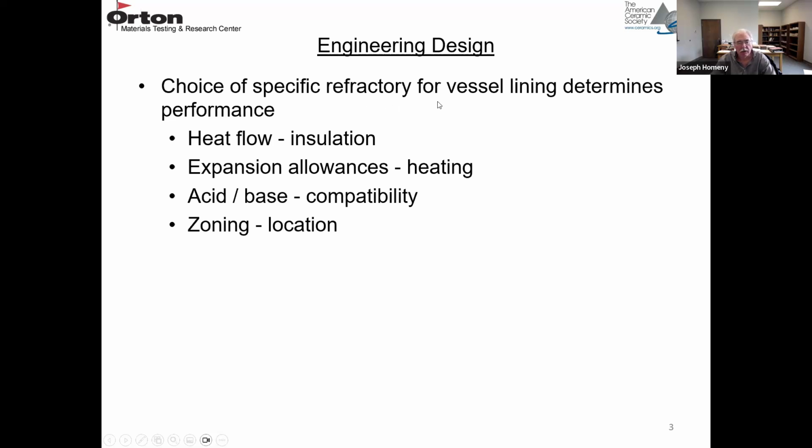So for that application, you pick the refractories, and then you have to be concerned with heat flow, how much insulation, if any, you're going to use, the expansion allowances for the initial heating, and acid-base compatibility, what refractories are compatible in contact with each other, and what refractories are compatible with the environment. And then zoning, how you locate these refractories in a particular lining.